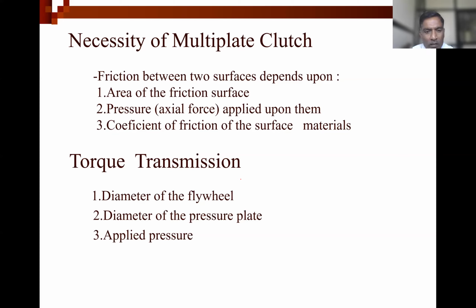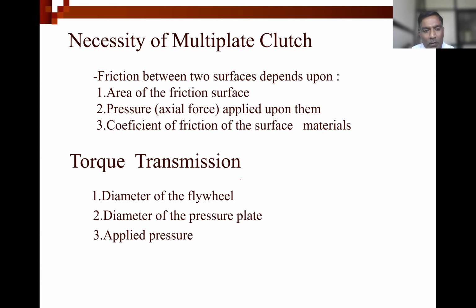So that is again the friction between the two surfaces having three aspects. Then the torque transmission depends upon the diameter of the flywheel, the diameter of the pressure plate, and the applied pressure. So for the tractor, you can take an example. For the tractor, a bigger engine is there, so we can have a larger flywheel. The diameter of the flywheel is larger. Then we can use a pressure plate of the same diameter, and we can have the clutch plate with somewhat reduced diameter.